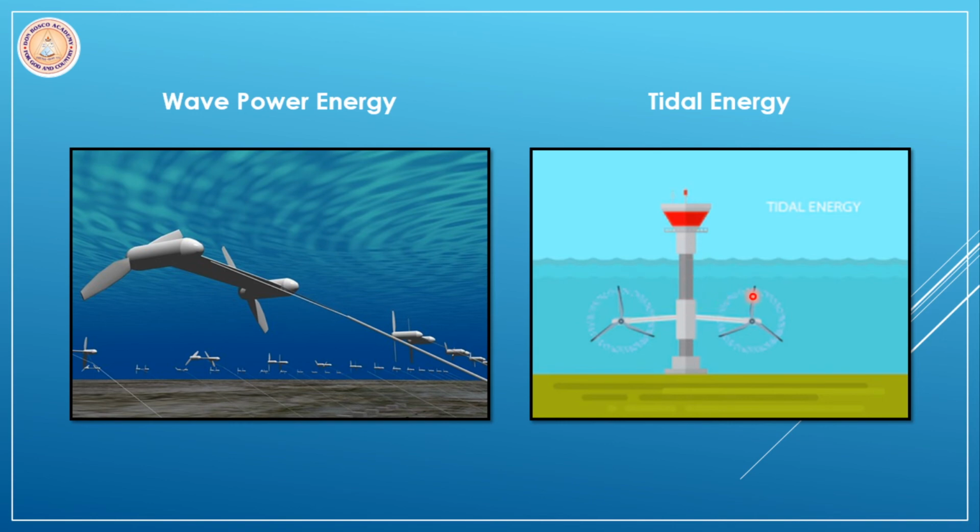Such kind of tidal energy is being harnessed in Russia, France, Japan, and even in India, where pilot projects have been started in the Gulf of Khambat and Gulf of Kutch in Gujarat.